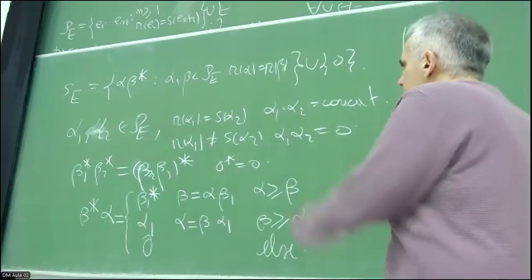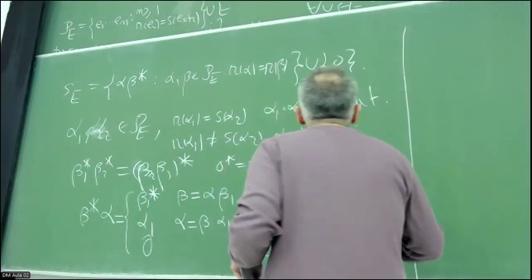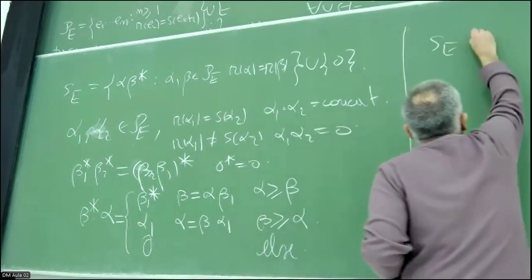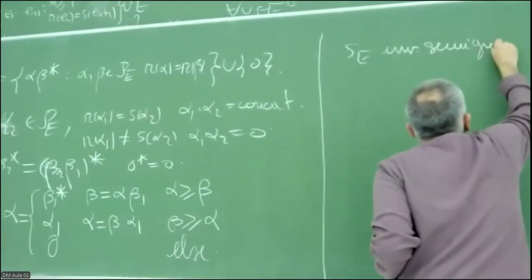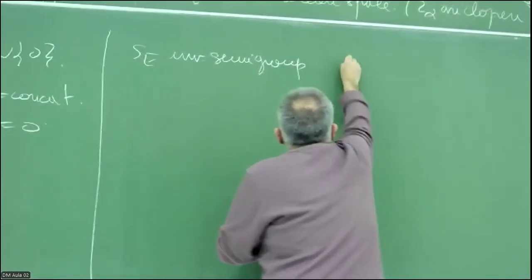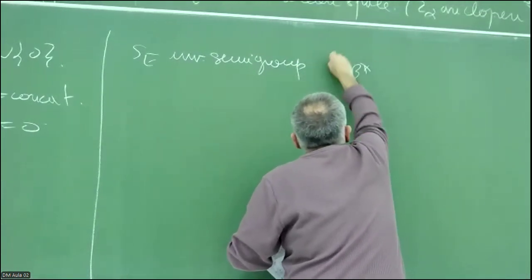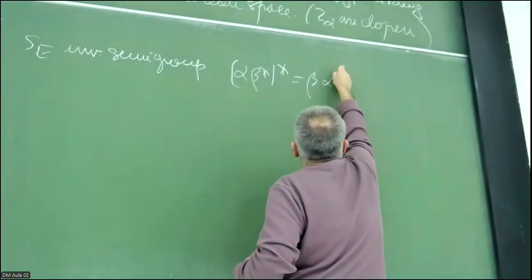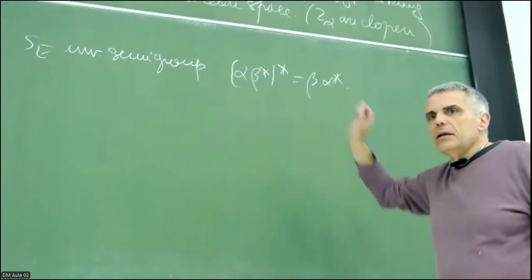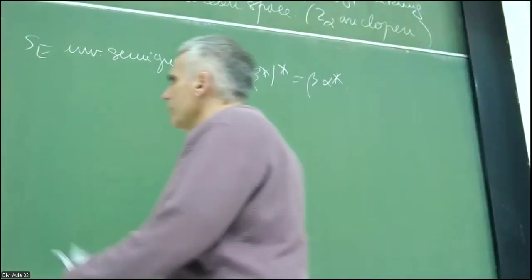Okay, so you can check that with these prescriptions, you get that S_E is an inverse semigroup, and that, what's the inverse? Well, as you can imagine, the star permutes the factors.